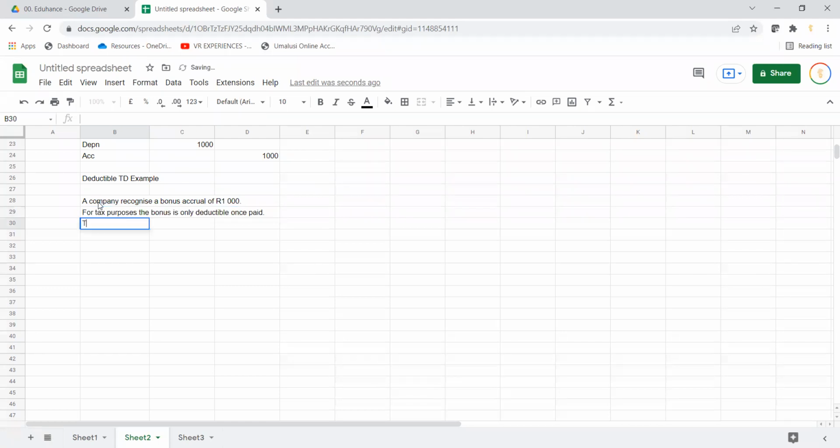Bonus will be paid in the new financial year. Okay, there we go.